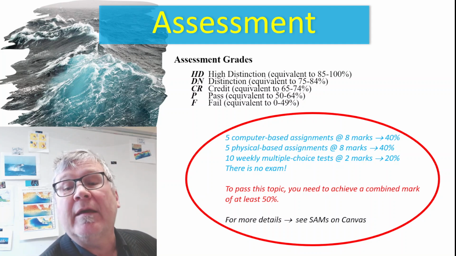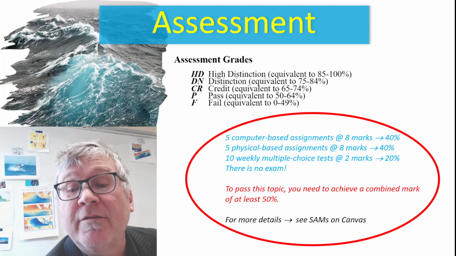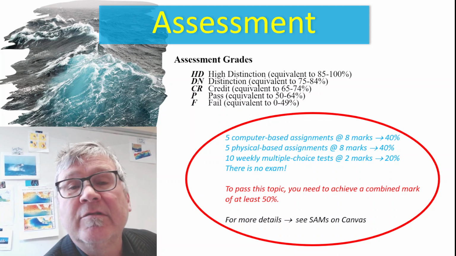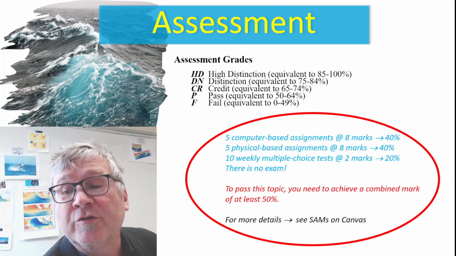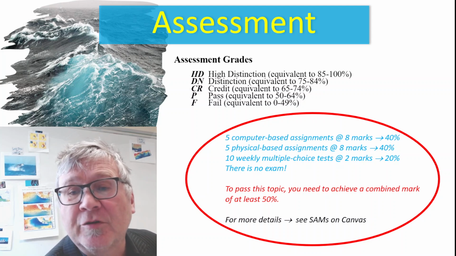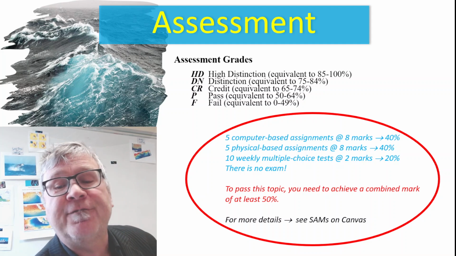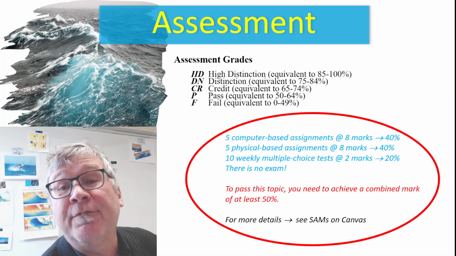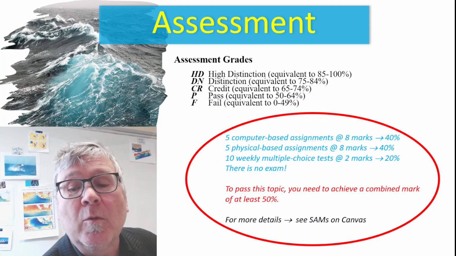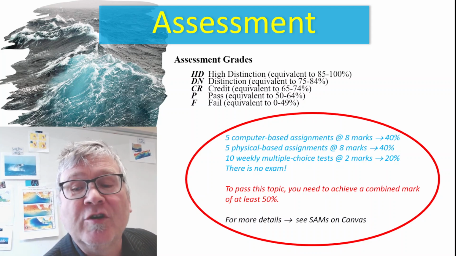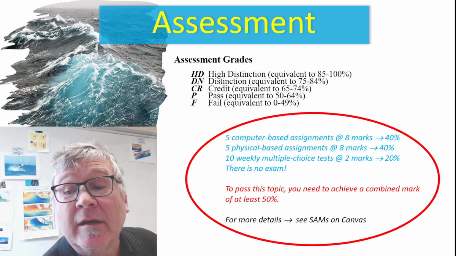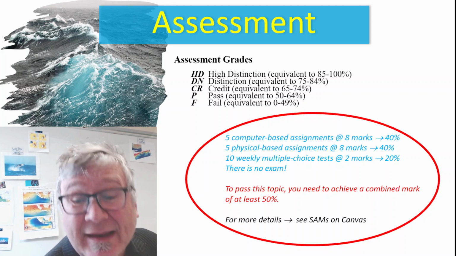So in this topic, you have 5 computer-based assignments worth altogether 40% of the total mark. You have 5 physical-based assignments worth altogether 40%, and you have 10 weekly multiple choice tests that are worth altogether 20%.